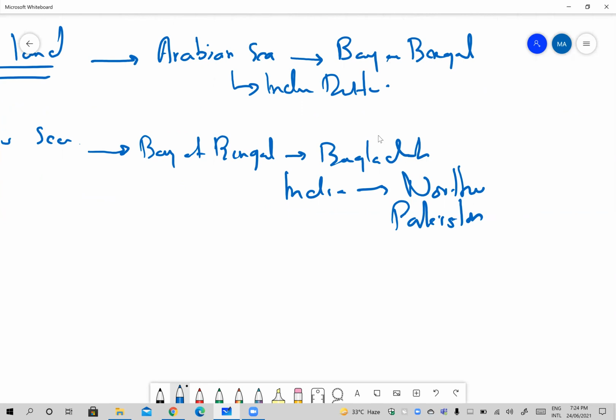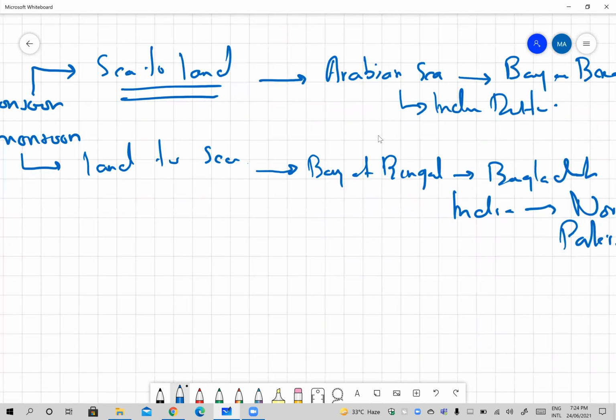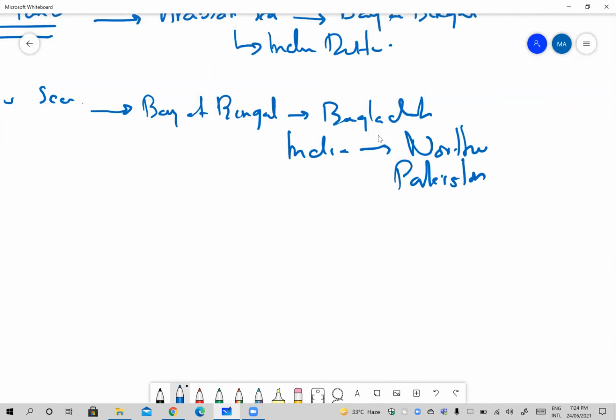Okay, so another thing that's common about these winter monsoon winds is that only the tail end of these winds reaches Pakistan. So tail end reaches northern Pakistan. Okay, only the tail end.